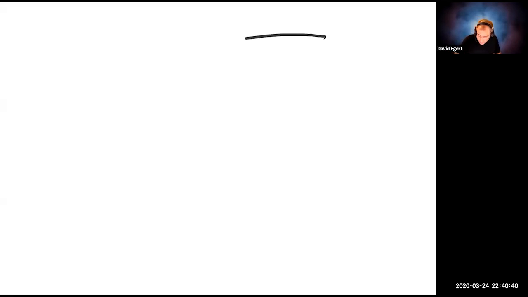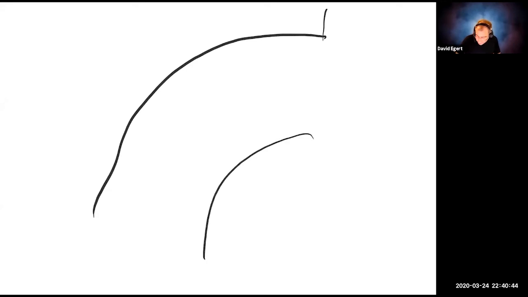So basically, if this is your arm, and we had the lateral cord and the medial cord, and then behind that was kind of the posterior cord.